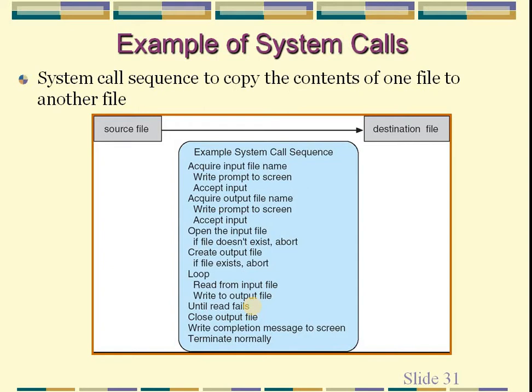In short, system calls are the programming interface to the services provided by the operating system. It means system calls are a mediator between the operating system and processes. They are typically written in a high-level language, that is C or C++.